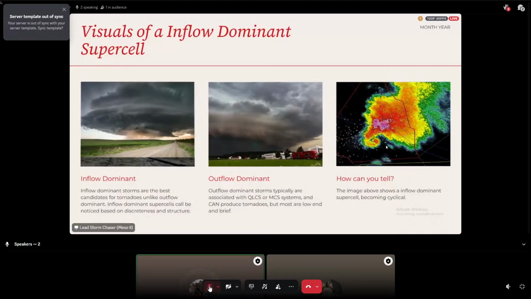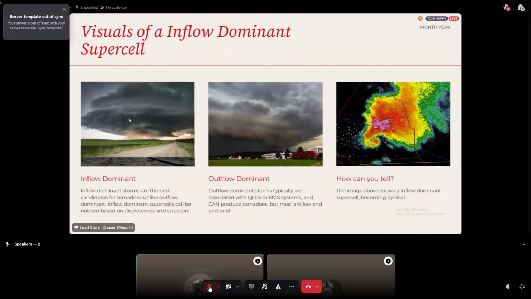We don't have the full story of this supercell's reflectivity scan, but this could potentially be the boundary being ingested, which can happen in supercells and actually enhances the tornadic winds, due to the boundary basically just being eaten by the hook echo. So this is an inflow dominant storm.